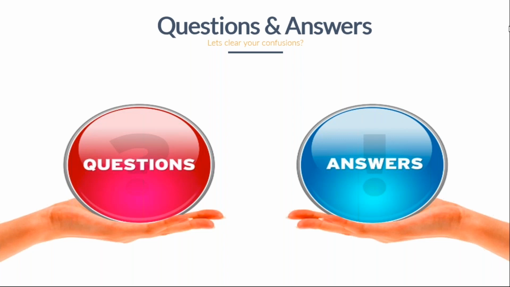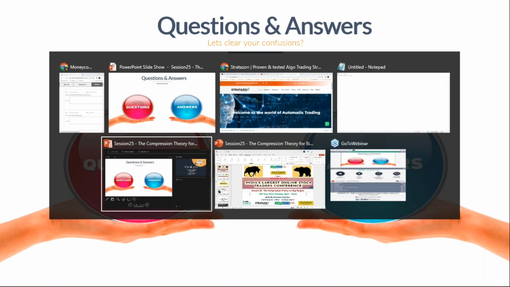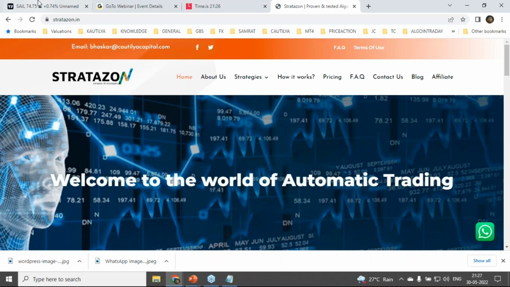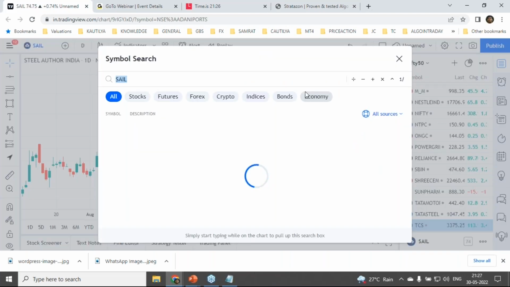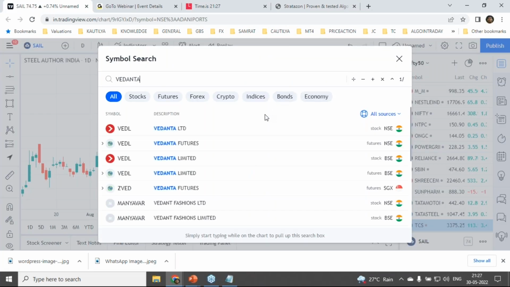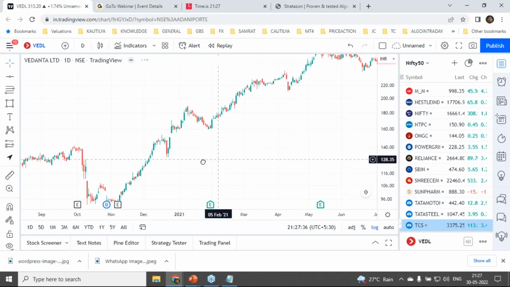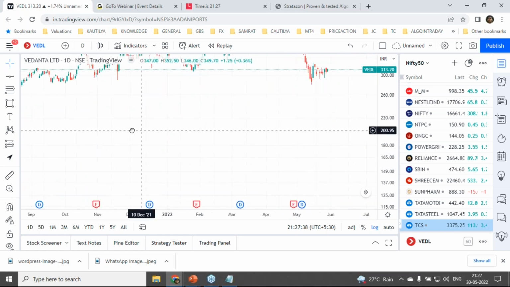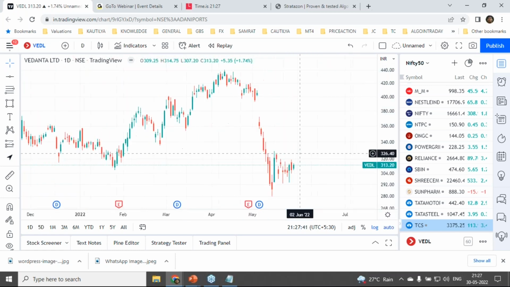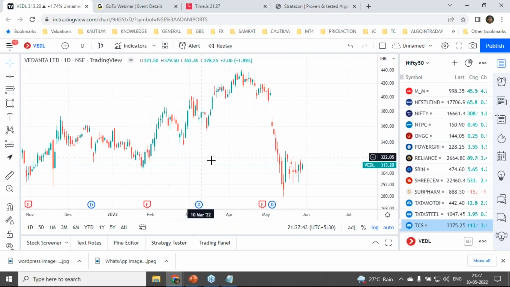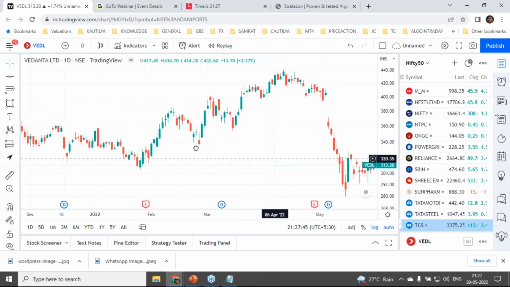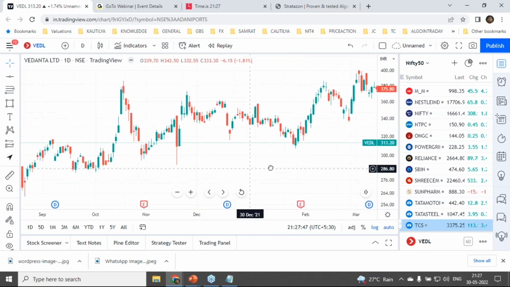Here comes the first question. Ashok, please provide compression with Vedanta charts. Let me try it out for you. I don't see any solid compression yet.